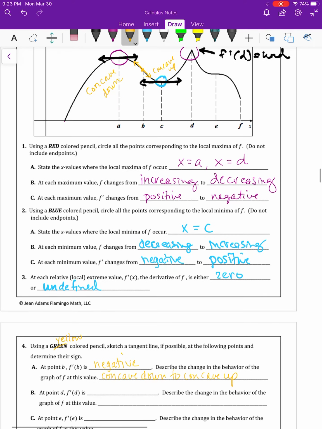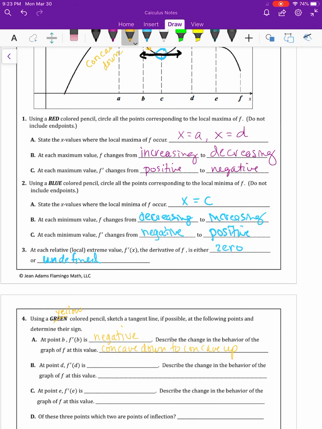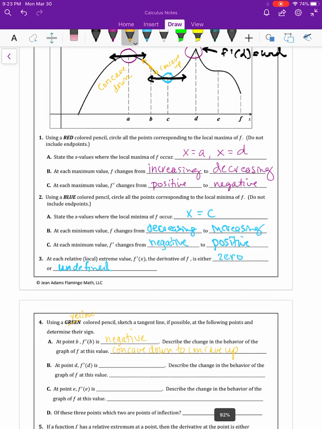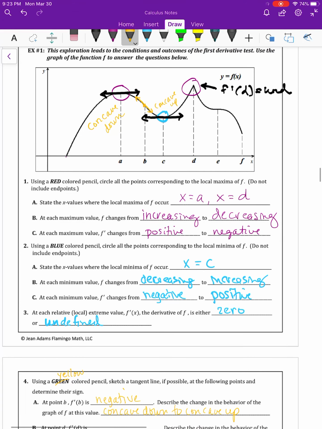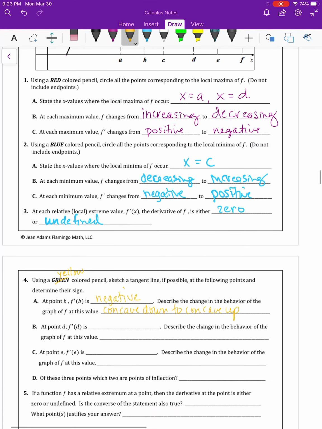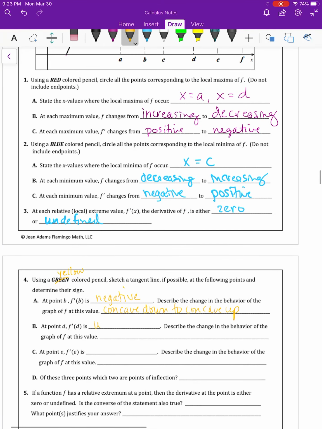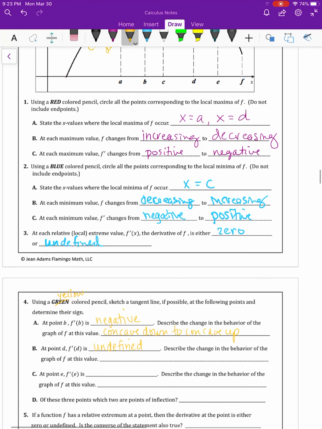At point D, okay, so I'm looking at D. What is going to happen at D? They want me to, if possible, sketch a tangent line at the following points. If possible, I can't sketch a tangent line at D. It would be like a teeter-totter. Do you see how you can't sketch a tangent line there?